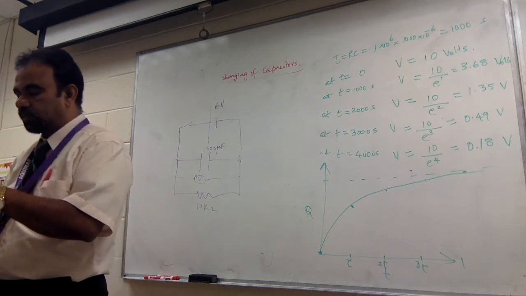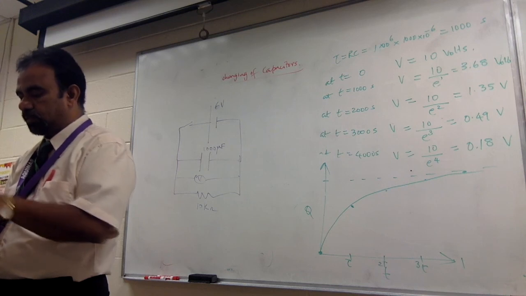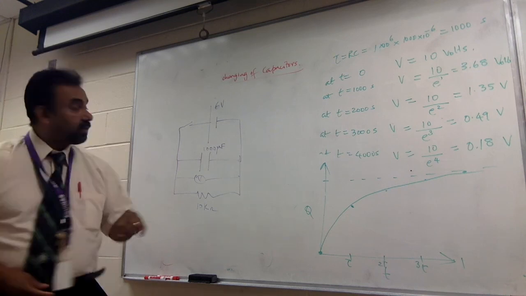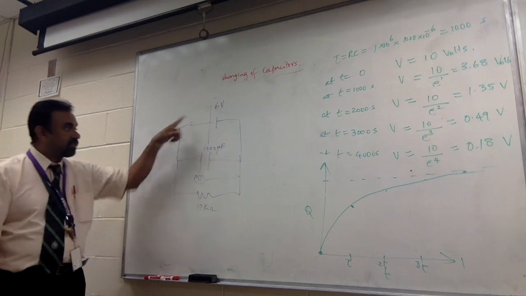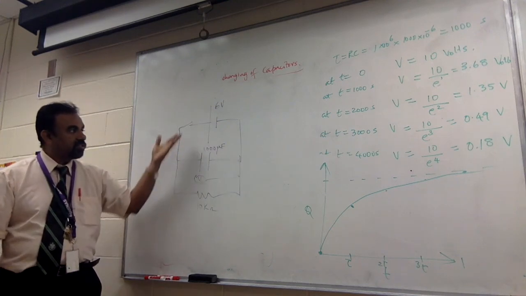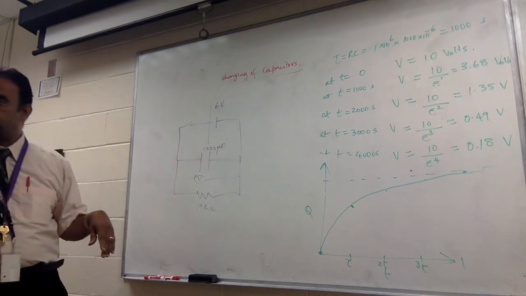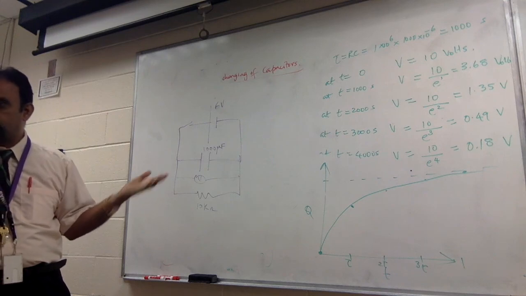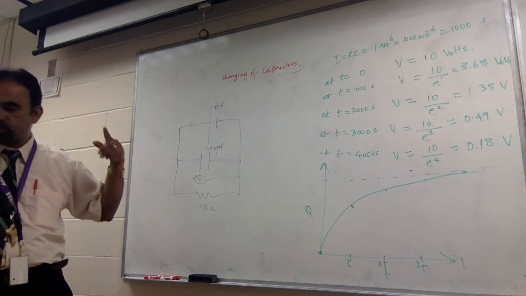That is done. What do I need to do after that? So this part is done already. To discharge it, I just have to disconnect one of them. If I disconnect one of them, I'm beginning the discharge process.